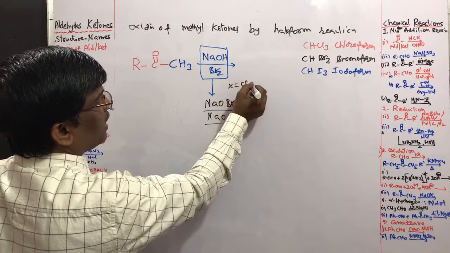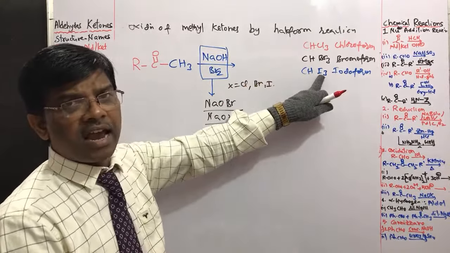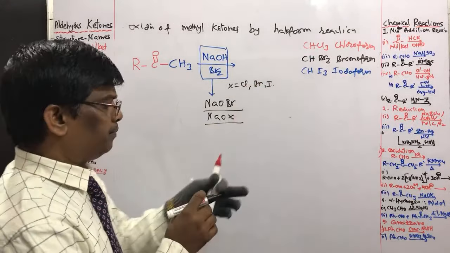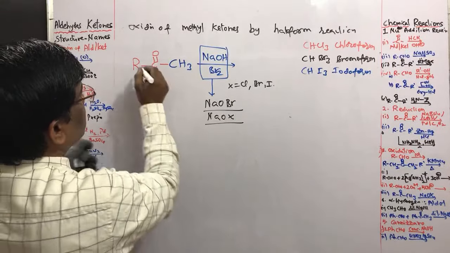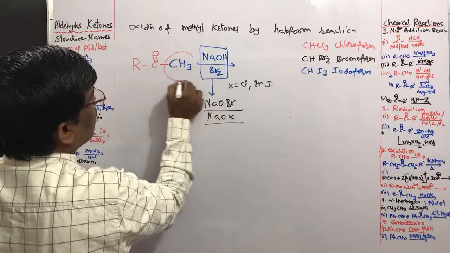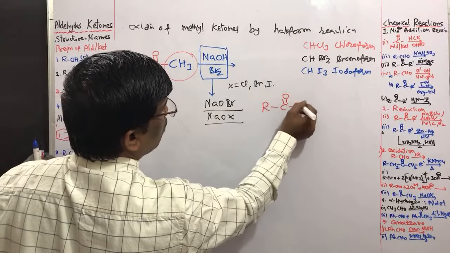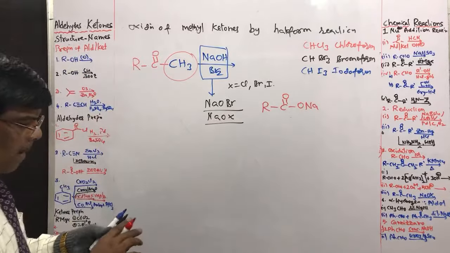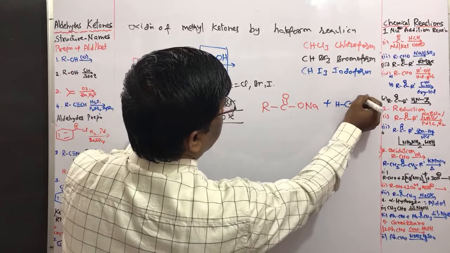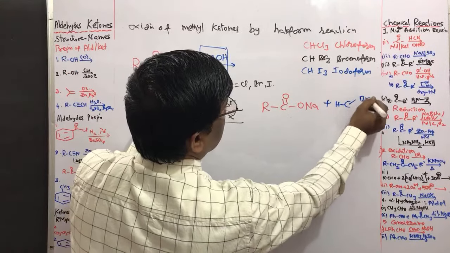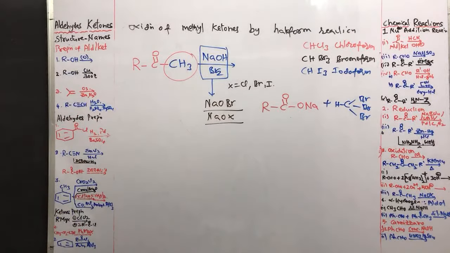X can be chlorine, bromine or iodine. Whatever the X, you are going to get iodoform, chloroform or bromoform. So this is going to react with the methyl ketones to give RCOONa plus, and this methyl is going to react with, for example, bromine here. So bromoform or iodoform I am going to get.